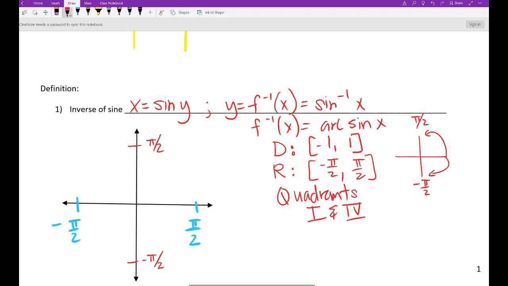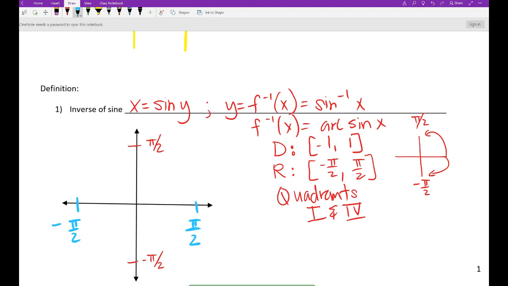Now I have to put in 1. Where would I put 1 if I started with pi over 2 already? How is 1 related to pi over 2? It's smaller than pi over 2. How small? About 1/3 to 2/3?